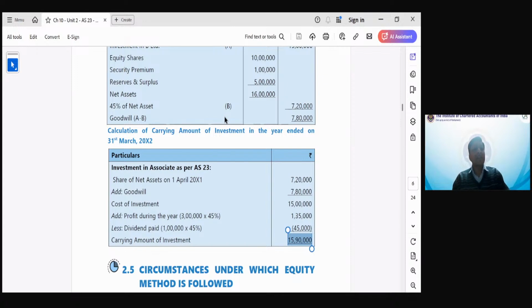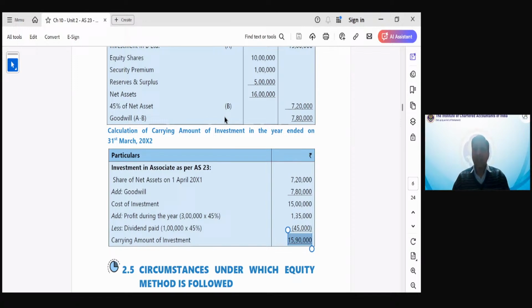Sai is asking, sir, dividend paid post acquisition, should it be added to the investment or P&L? See, dividend paid post acquisition should be added to P&L. That is what we discussed. Remember? Dinesh is asking, sir, we should add 45% of profits and decrease 45% of the dividend paid.